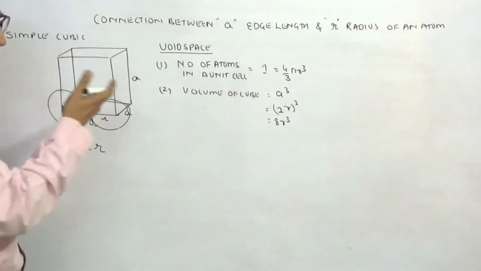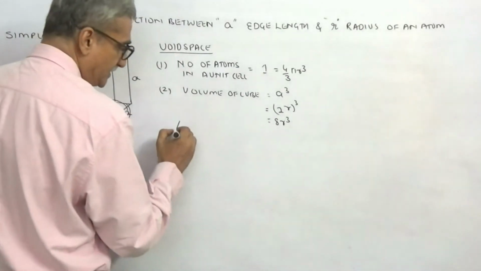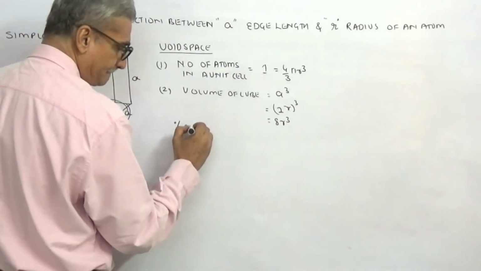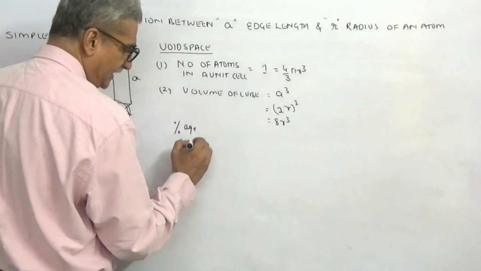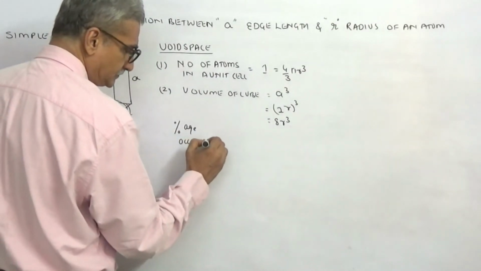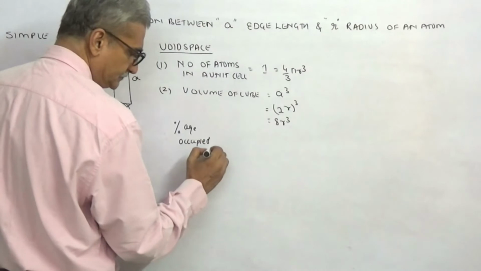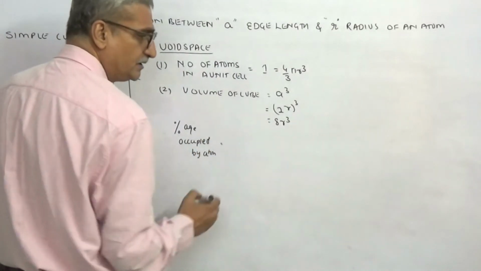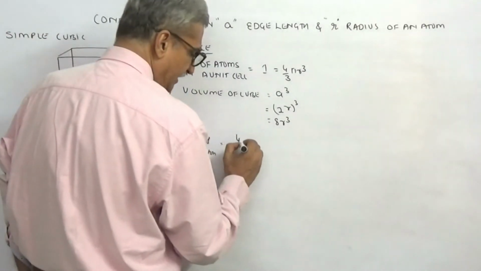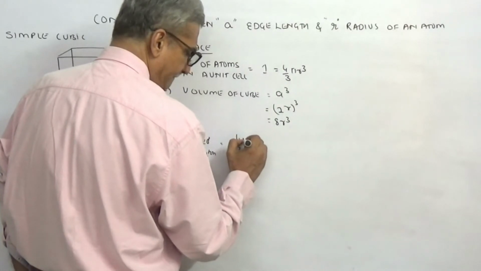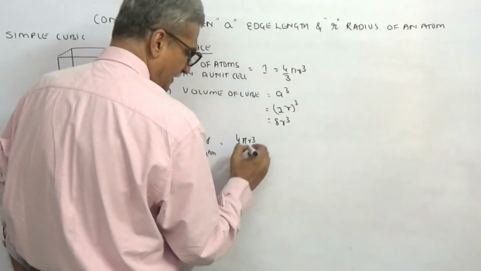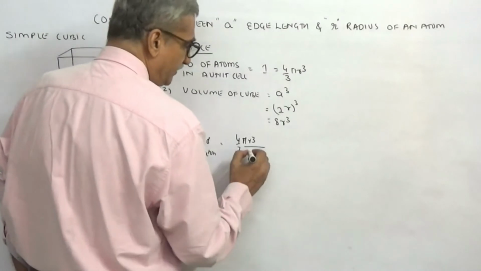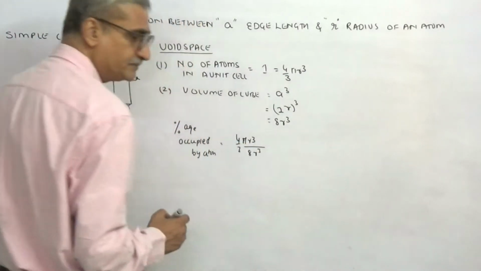So what is the percentage occupied by the atom? It will be equal to 4 by 3 pi r cube divided by 8r cube.